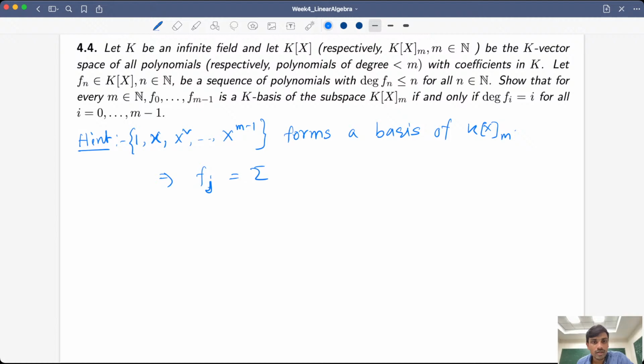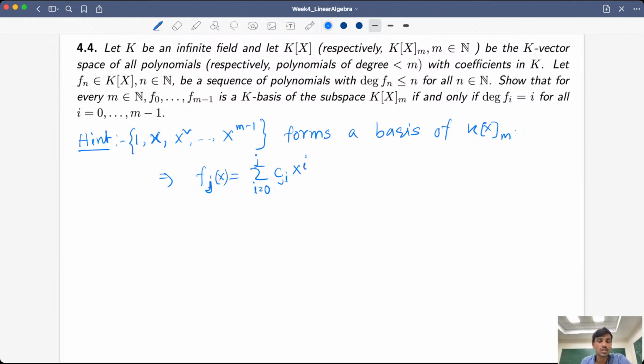So fj of x can be written as the sum of c_{ji} x^i, with i equal to 0 to j, because it can be at most degree j.